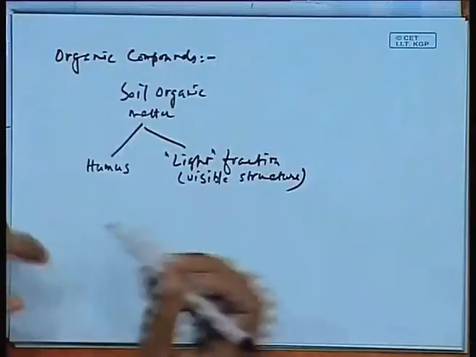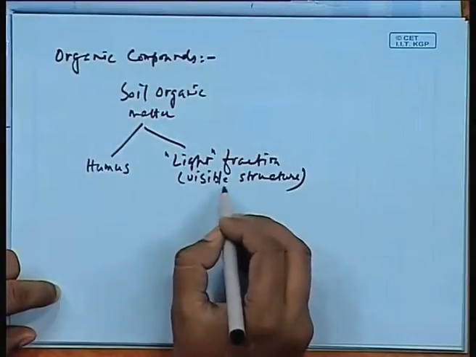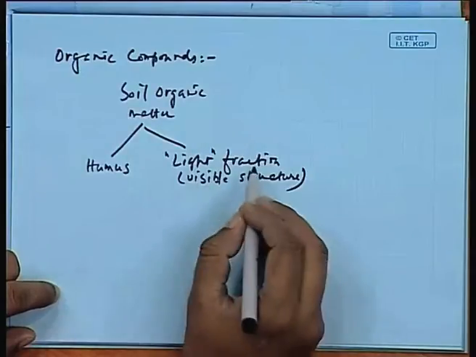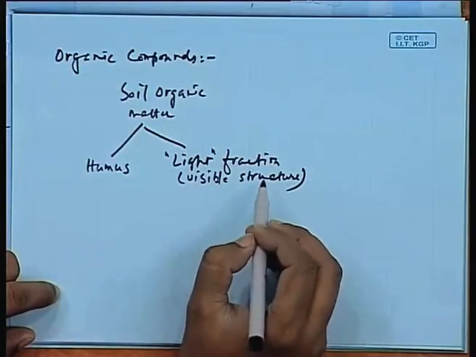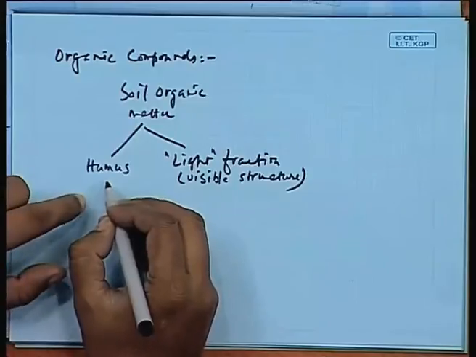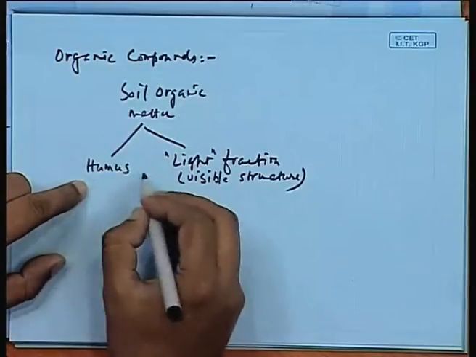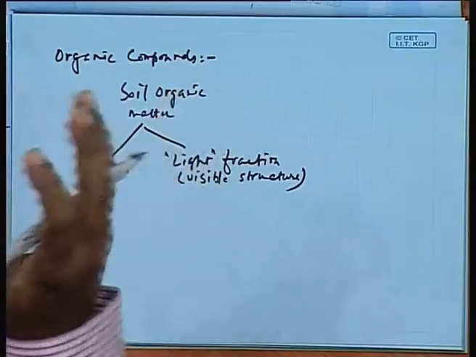So wherever we can see the visible structures, that is mostly the light fraction. A large part of the rest is humus.